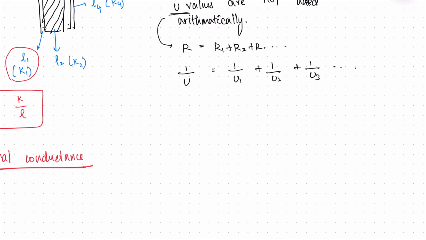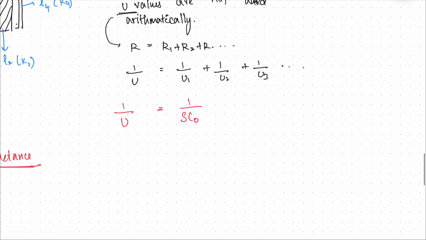So what you would do is take 1 by U is equal to 1 by, and this is where I'm talking about the surface conductance. So you'll have the surface conductance of the outer surface plus the U values of the material, each layer.